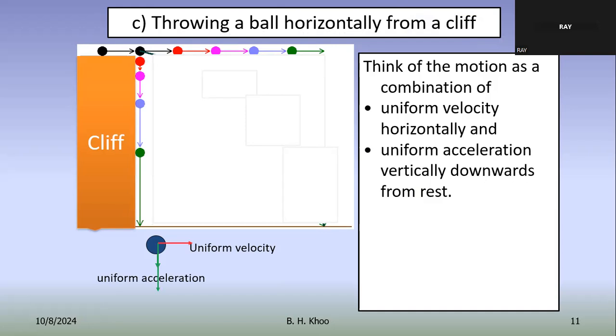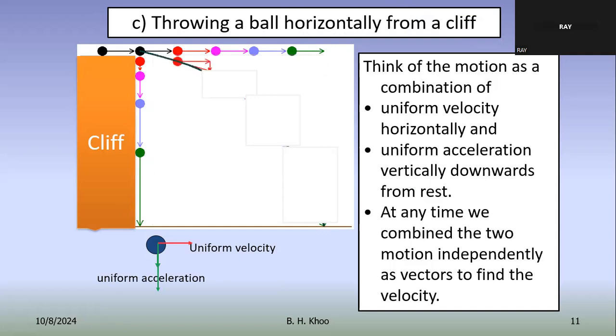At any time, say after 1 second, if you want to find the velocity, you just combine the vectors. Horizontally it doesn't change, vertically it is increasing. So you can find the resultant after 1 second.